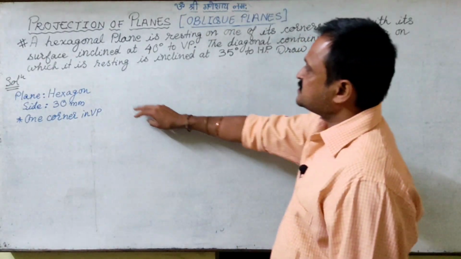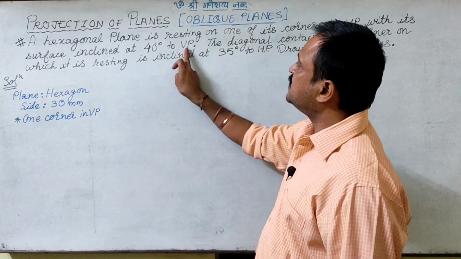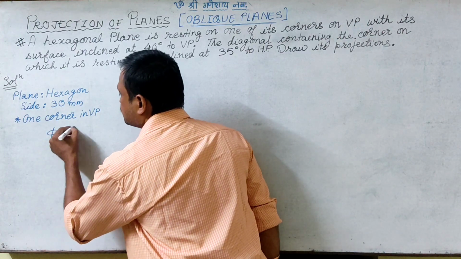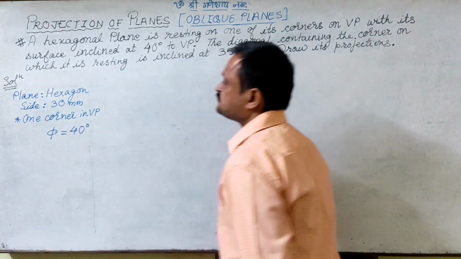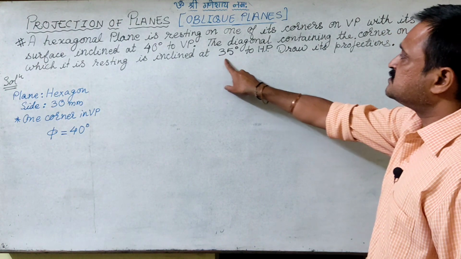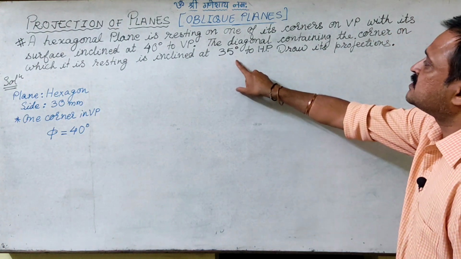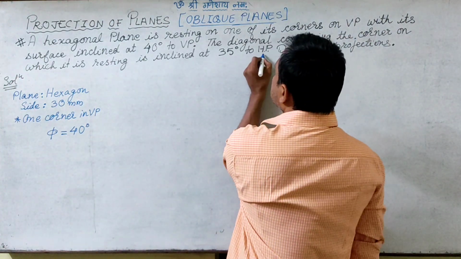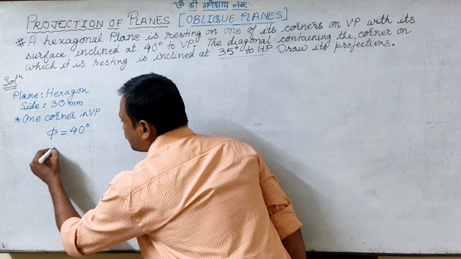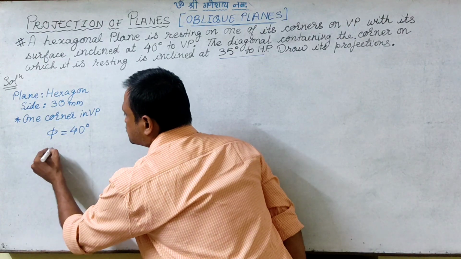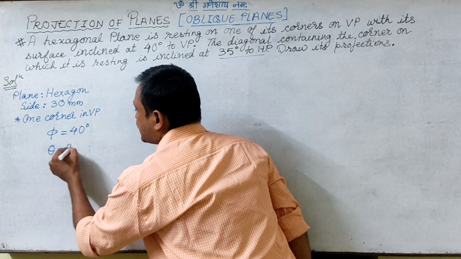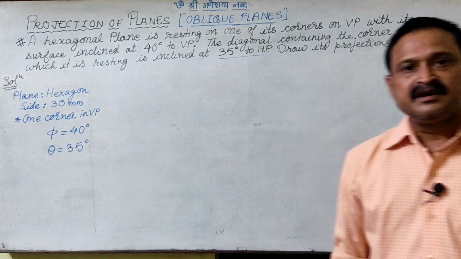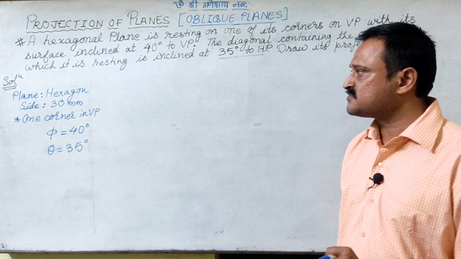Now there are two inclinations. Inclined at 40 degrees to VP: inclination with VP is phi, which is given as 40 degrees. Another inclination mentioned in the problem is inclined at 35 degrees to HP. This is inclination with HP, which means it is theta, given to us as 35 degrees. First you see what inclinations are given, then identify which one is the pure surface inclination.